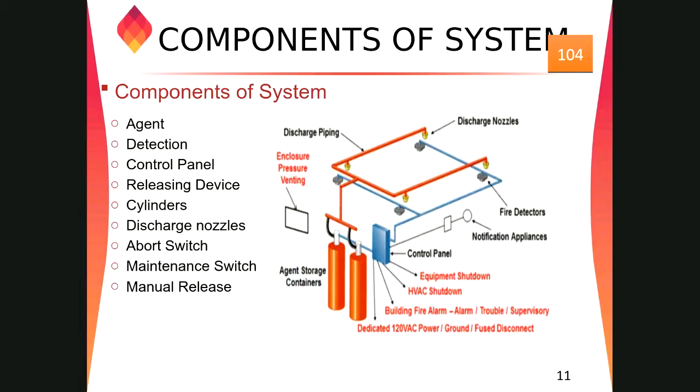Exactly. So after the system discharged, there was a really high pressure inside the building. The latches of all the doors of that enclosure just bent and broke, and all the doors opened because of the high pressure inside.